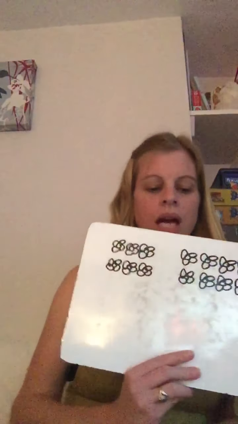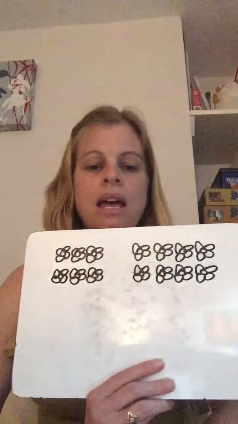Right. Now, Year 1 children, we're going to go on. We're going to do some subtraction a little bit later in the week. But to start with, today, we're going to carry on and do a little bit more work on adding. I have got some flowers here, and I would like to know how many flowers there are. How would we work that out?